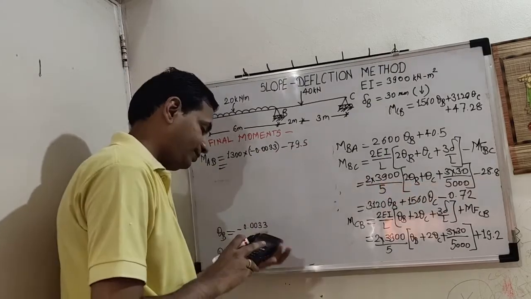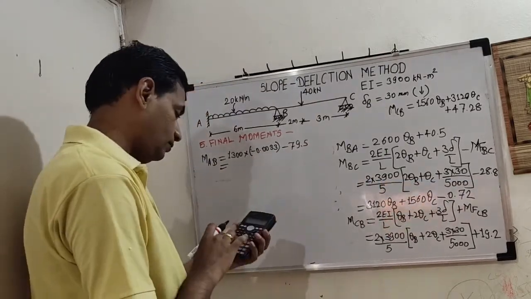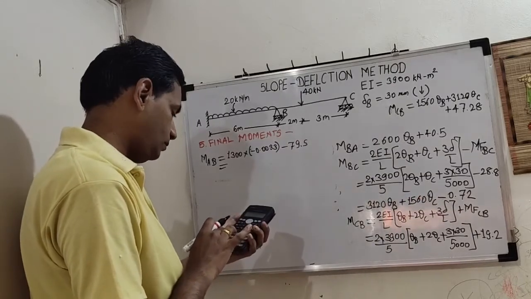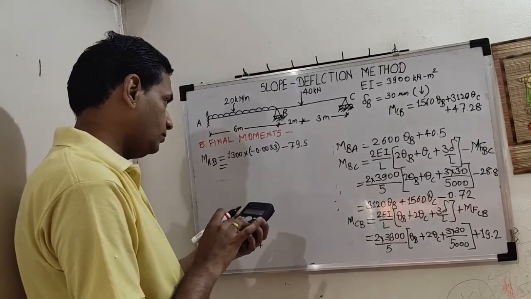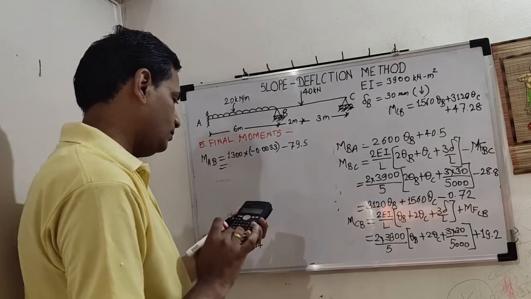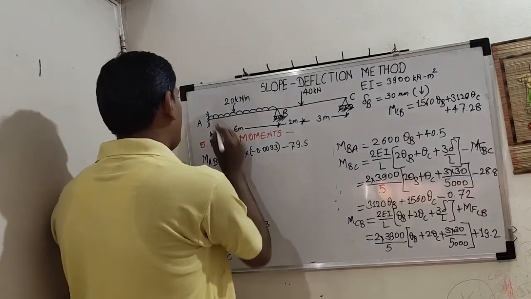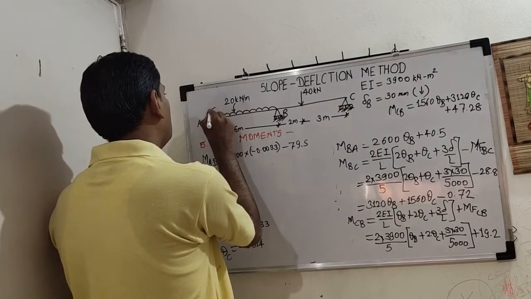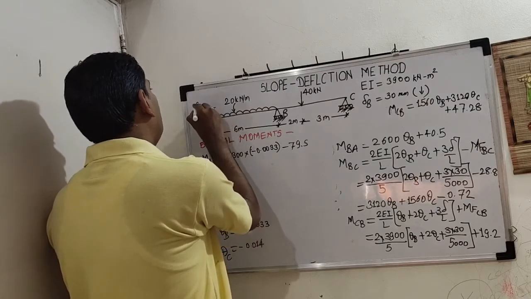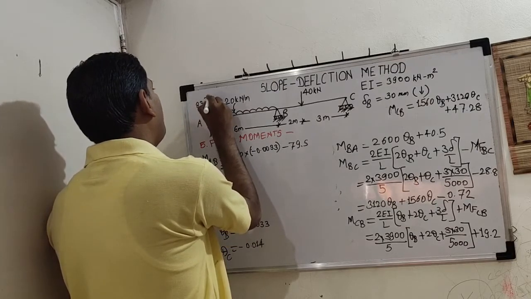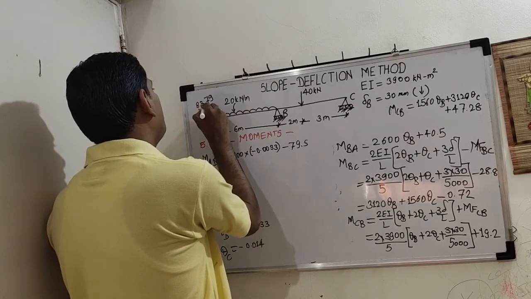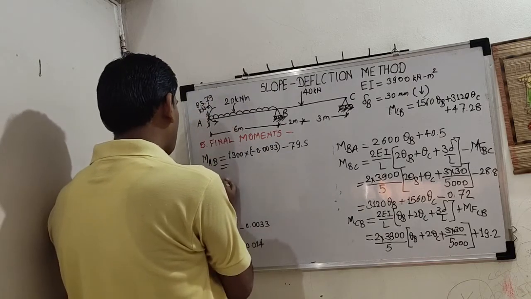Simplify this. Minus 83.79. I'll show it here. 83.79 kilonewton meter. Then MBA.